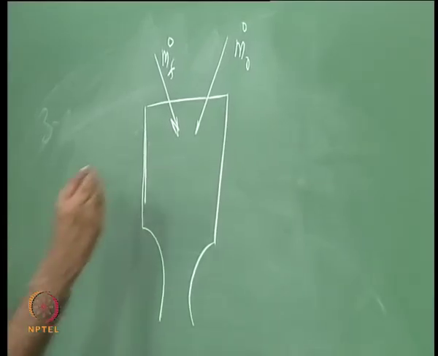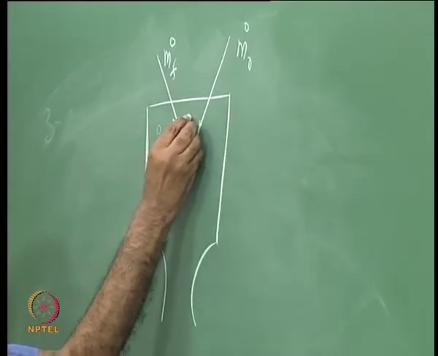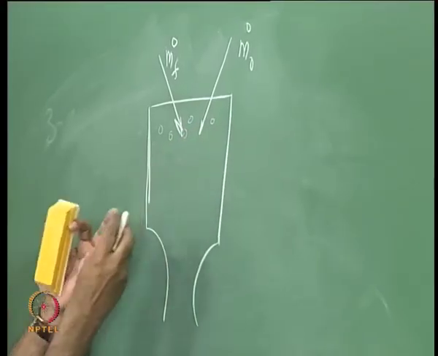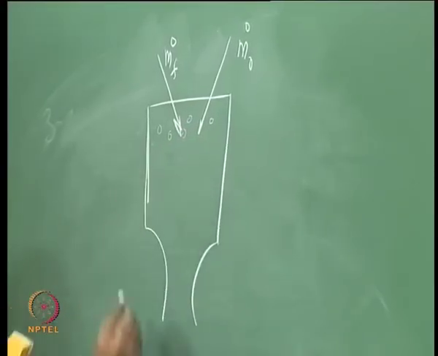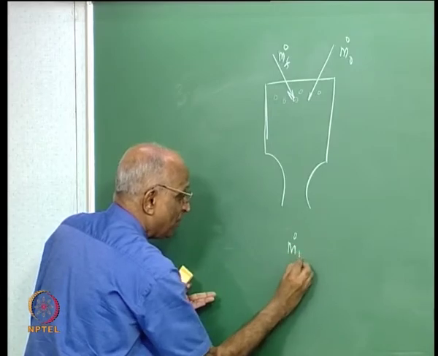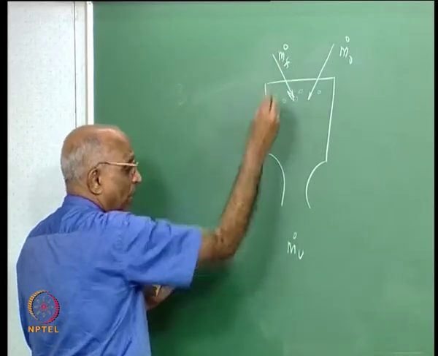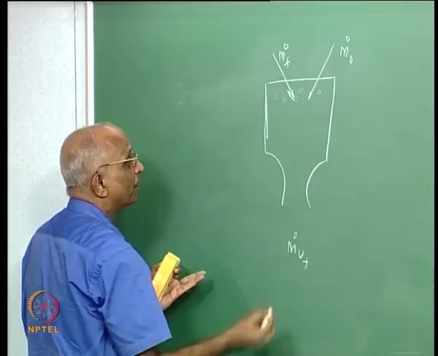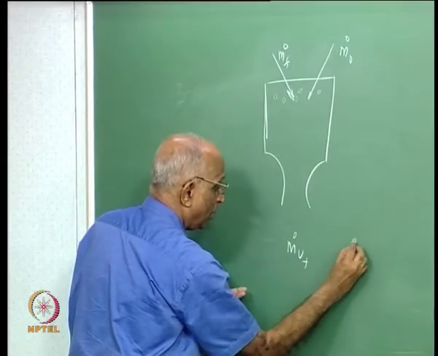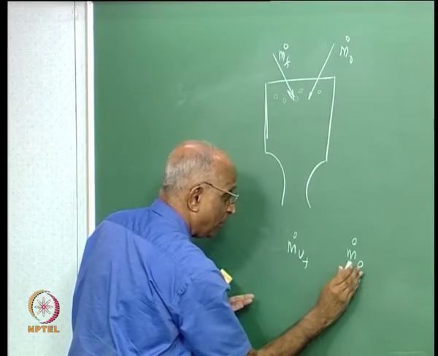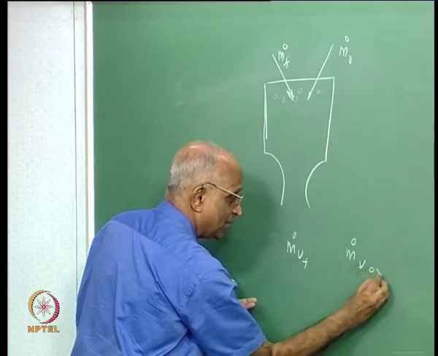What happens? I form droplets, the droplets have to evaporate, and the vapor has to mix and burn. Therefore, what will react is the mass of the vapor formed from the liquid fuel, let us say MVF, and m dot vapor of the oxidizer.